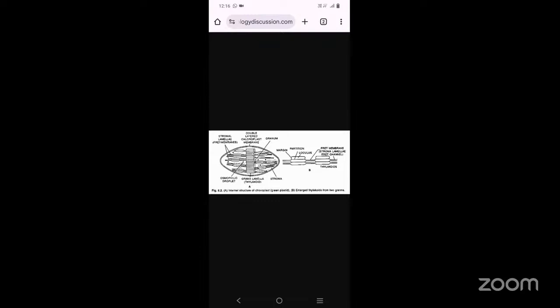So now coming to the mechanism of photosynthesis. What is the mechanism of photosynthesis? Here photosynthesis is the oxidation reduction process in which water is oxidized and carbon dioxide is reduced to form carbohydrates. So water is oxidized and carbon dioxide is reduced.